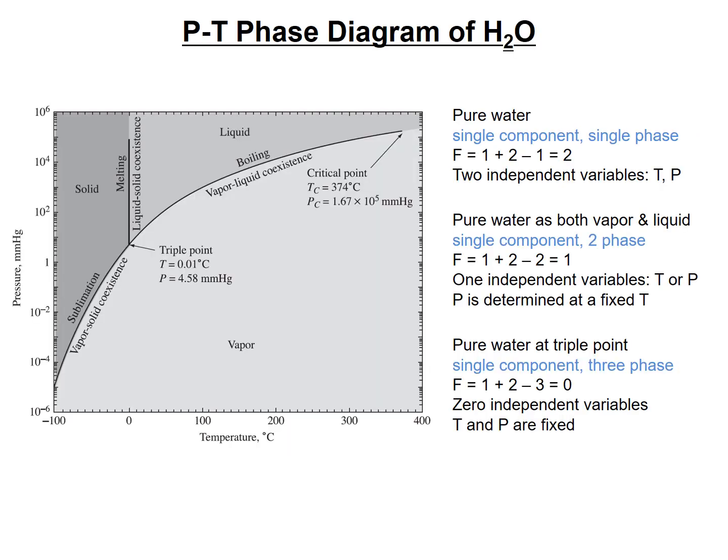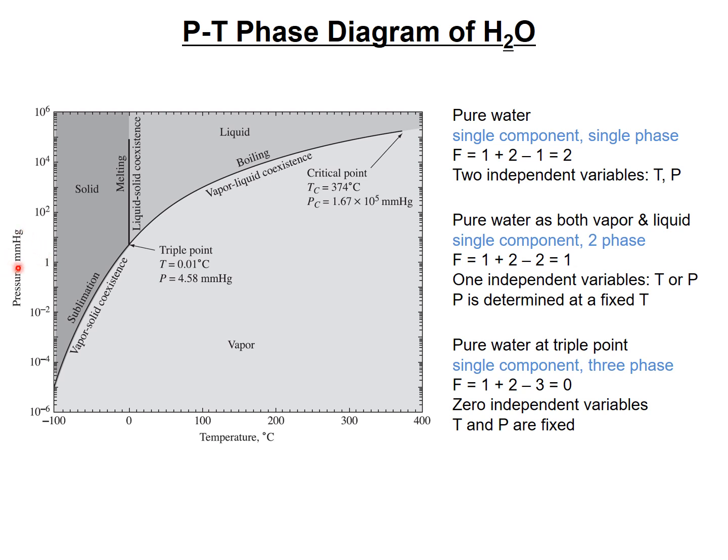Okay, here is the pressure-temperature phase diagram of single-component water. Maybe this phase diagram is very familiar to you. The x-axis is temperature in degrees Celsius. The y-axis is the pressure in mmHg.